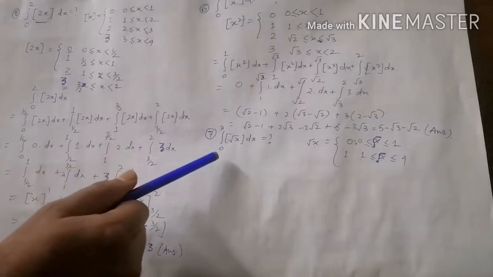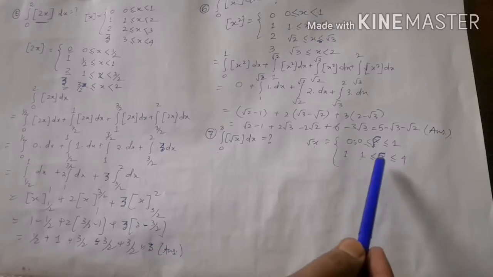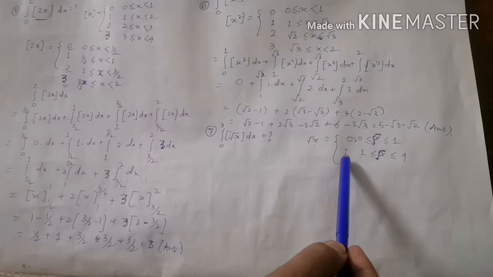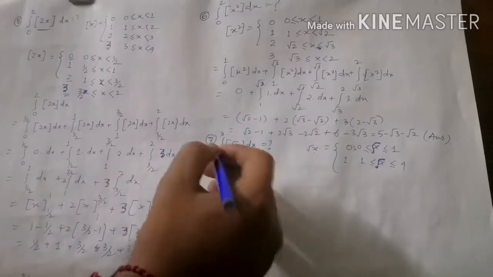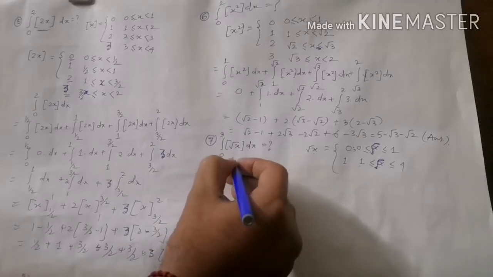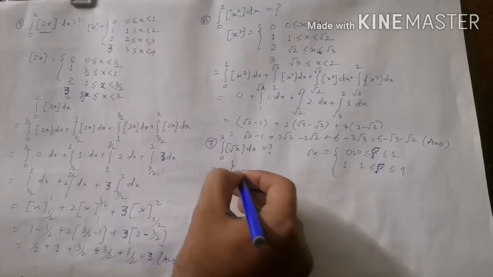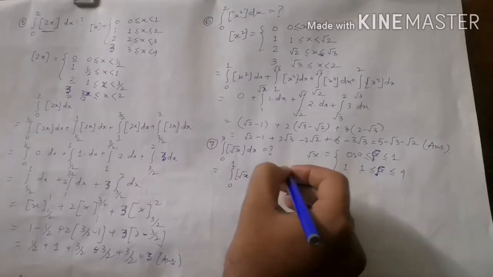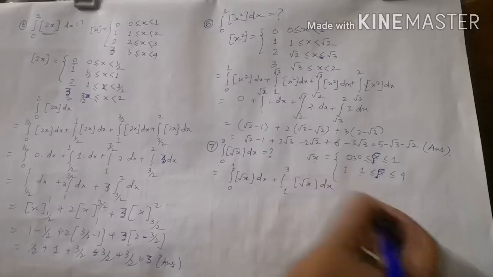Now our limit is from 0 to 3, but we get that from 1 to 4, the value of root x will be 1. So it will be 1 from 1 to 3 also. So we may split this equation in two parts, that is from 0 to 1 root x dx, and 1 to 3 root x dx.